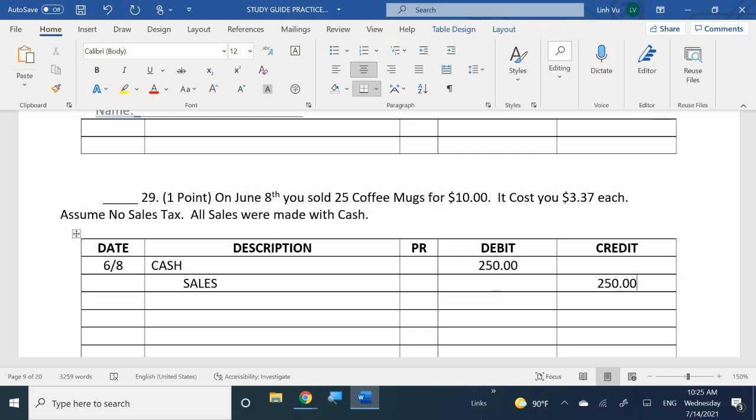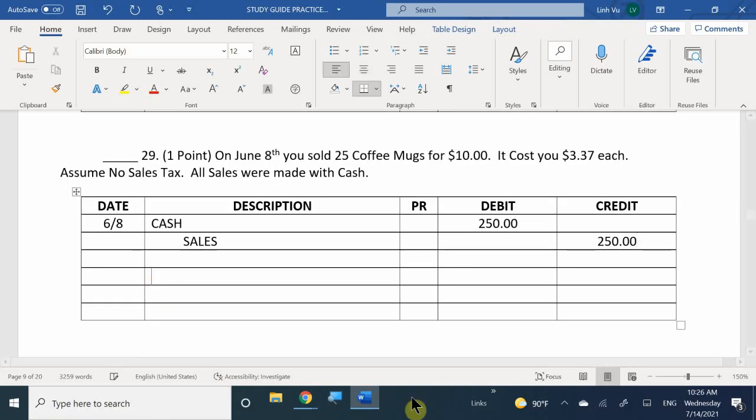And then now, since this is all connected, if this is perpetual inventory, what else do I need to include? Cost of goods sold and inventory. Good. So Erica, you were on the right idea, but not in the right account. So in this case, we need to calculate.